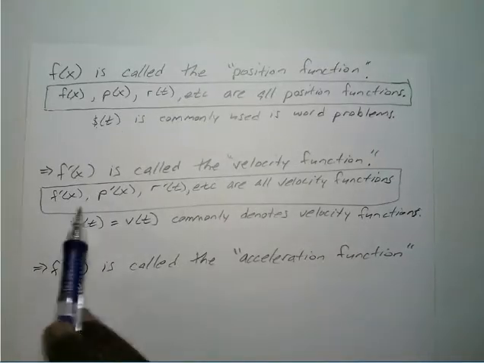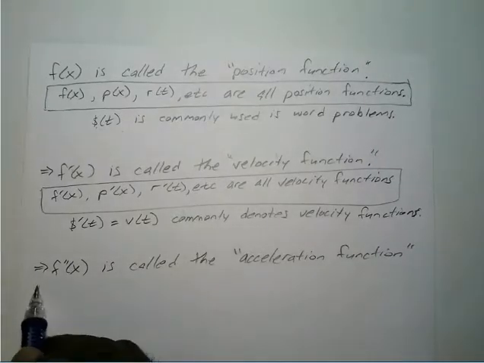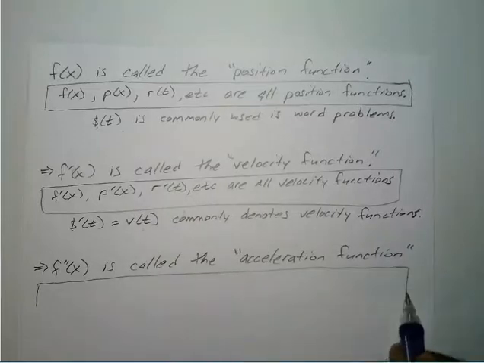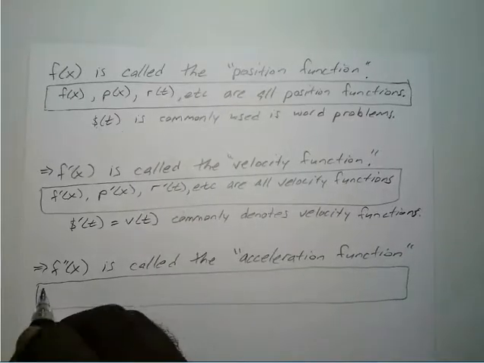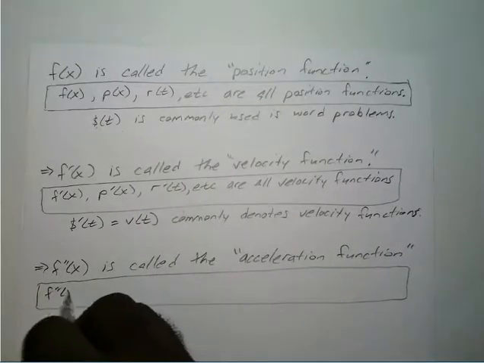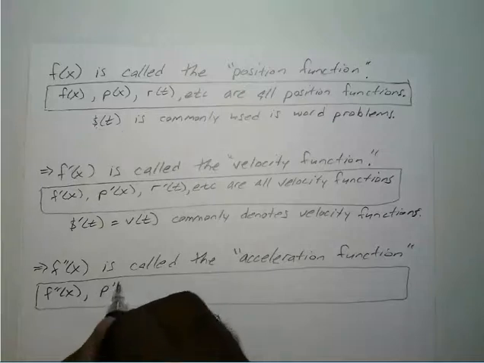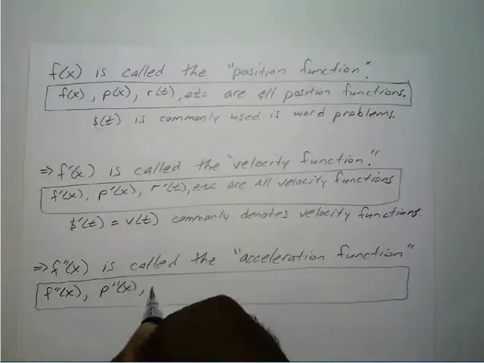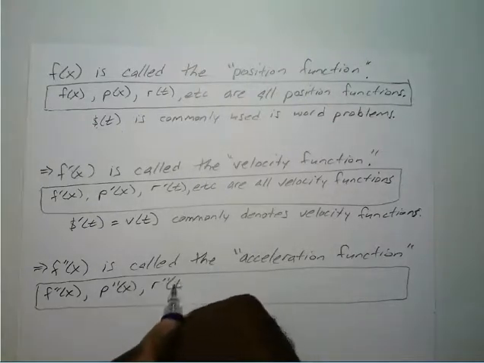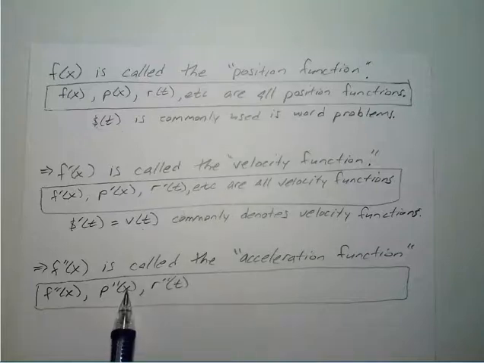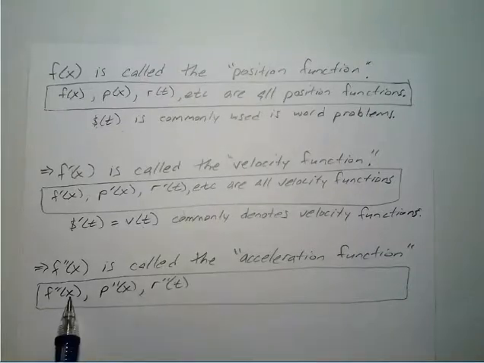Now, just like all of these, you might see it as the second derivative of x, or the second derivative of p, or the second derivative of r with respect to t. It could be with respect to t here, with respect to t here. All these can change.